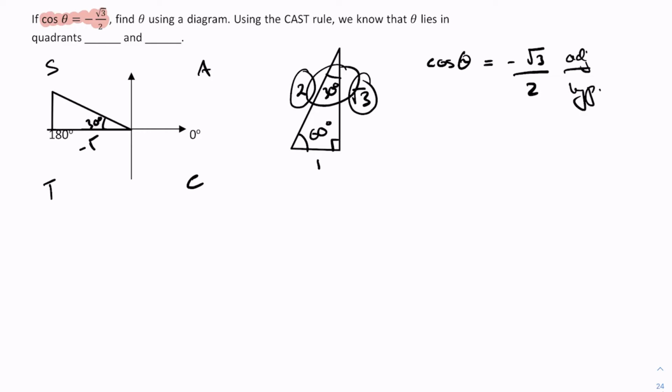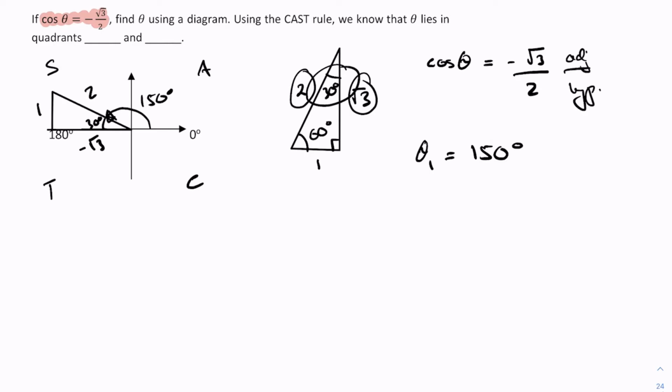This will be negative root 3 because of the negative x direction, 2, and then I get 1 over there. So by definition, cos gives me this angle, that's 150. I get a value of theta 1 to be 150 degrees.